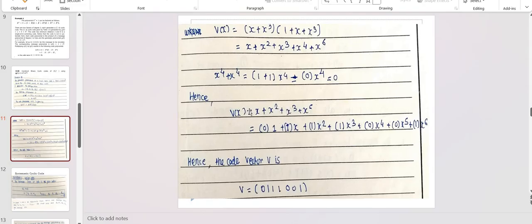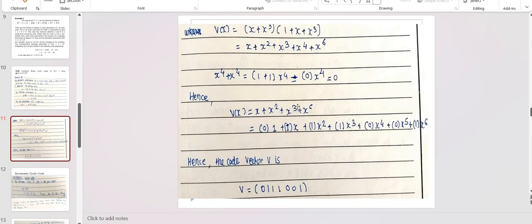So by considering this v(x) polynomial, which is your code vector, you will evaluate the binary bits also. The constant 1 is not present in the output, so it will become 0. X is present, so it becomes 1. X raised to 2 is present, so it becomes again 1. X raised to 3 is present, so it becomes 1. But x raised to 4 is absent, so it becomes 0.